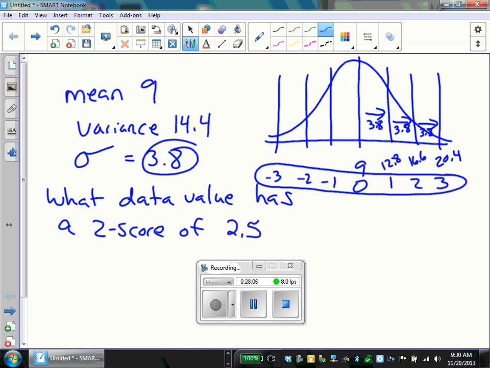So tell me, where's our answer going to fall? It's got to be in between these two numbers, right? Because 2.5 is in between. Now, here is a good example of, do we know what is exactly in between? You could find the average of 16.6 and 20.4 if you want to know what's exactly in the middle.